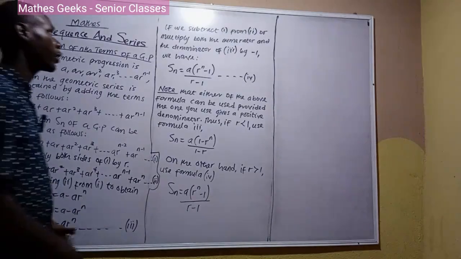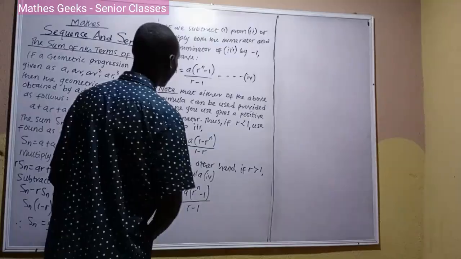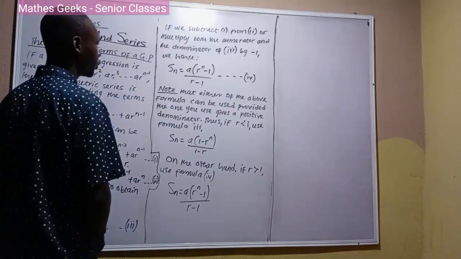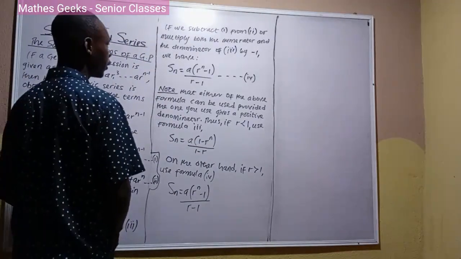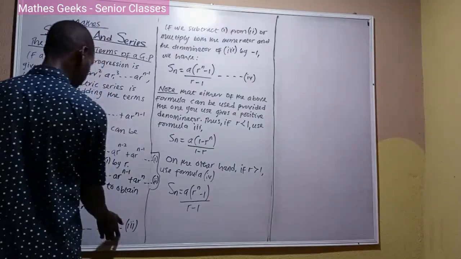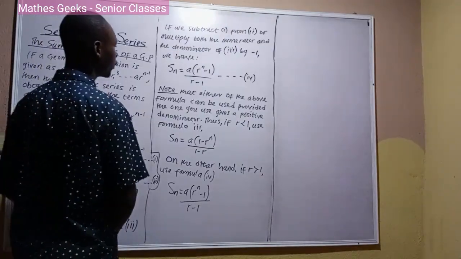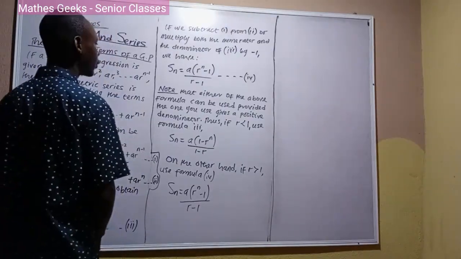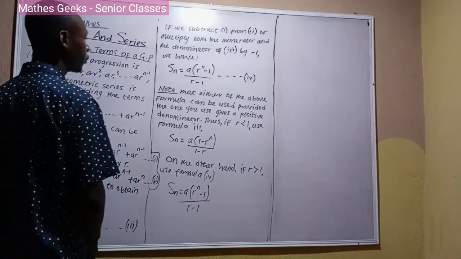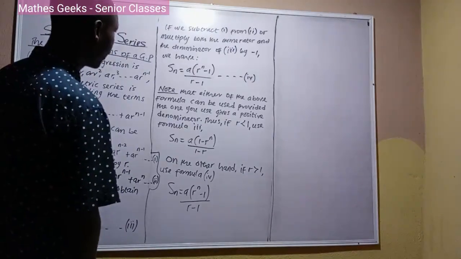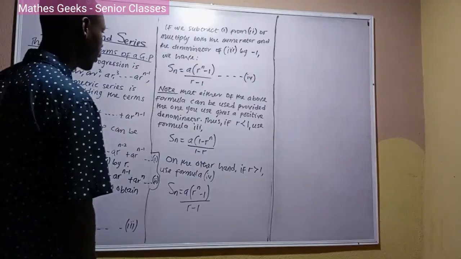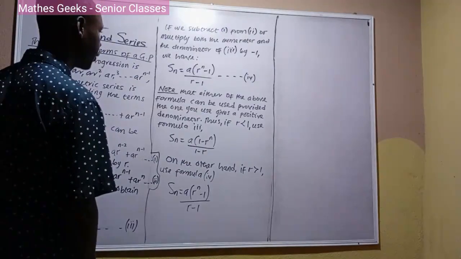But if we subtract equation 1 from equation 2, or multiply both the numerator and the denominator of equation 3 by -1, we're going to have Sn equal to a(r^n - 1) over (r - 1).